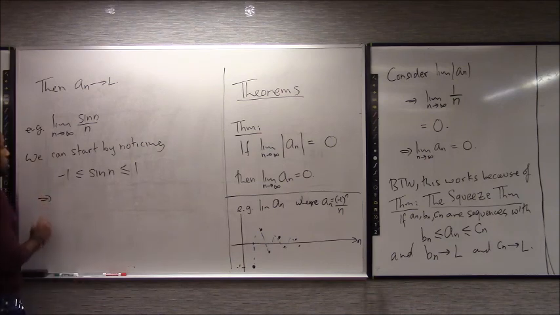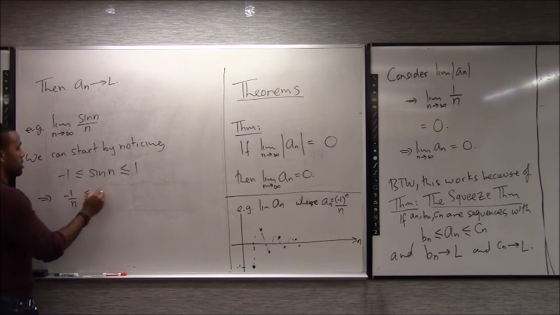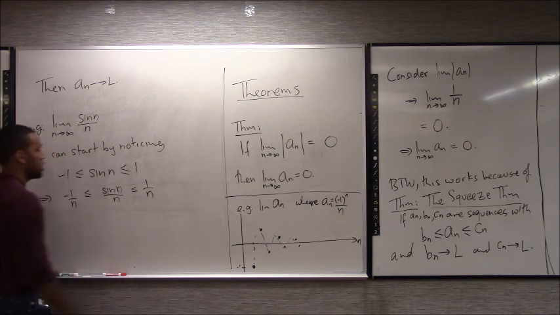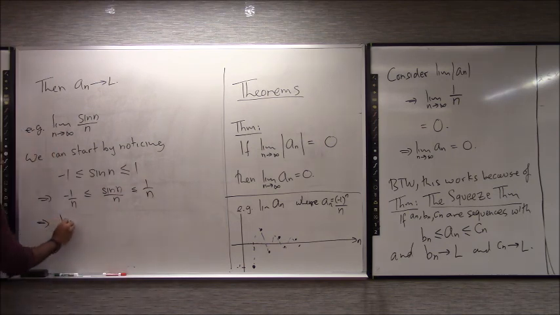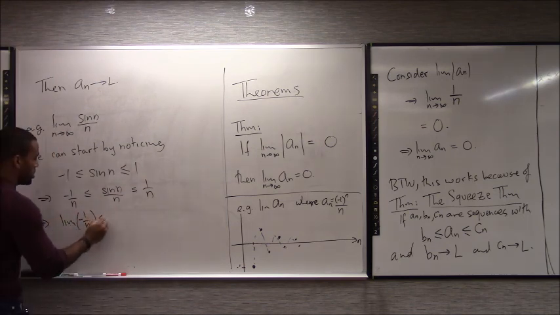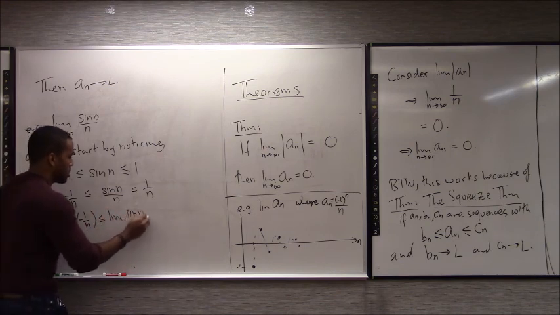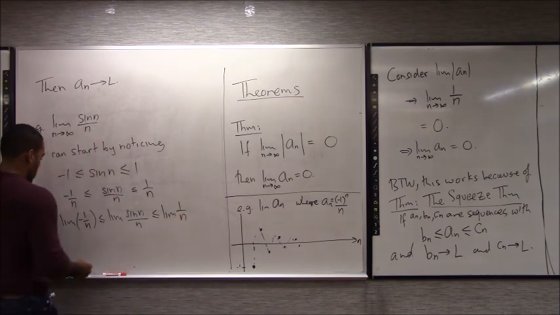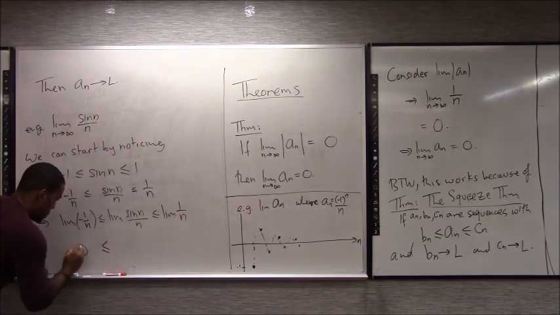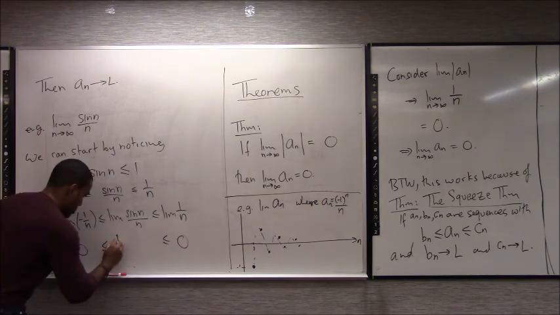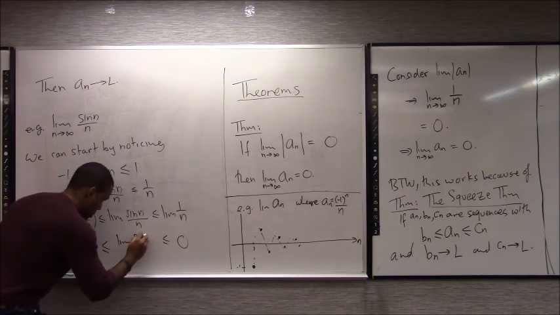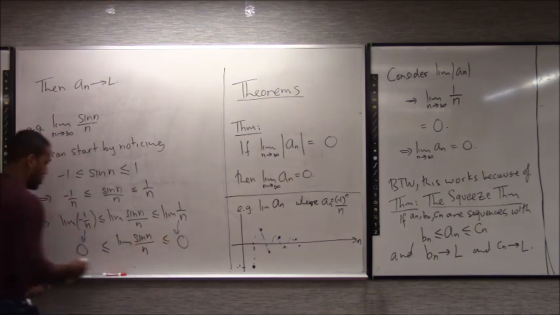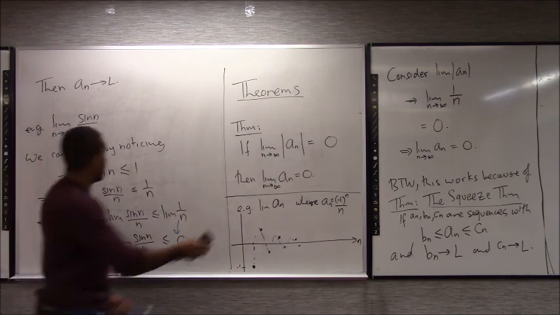And so I can divide by n on all sides, and then I can take the limit of all sides. And this one approaches 0, that one approaches 0. And so we can get that the limit is 0.